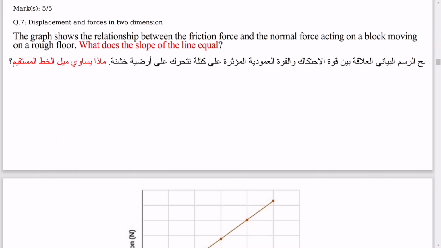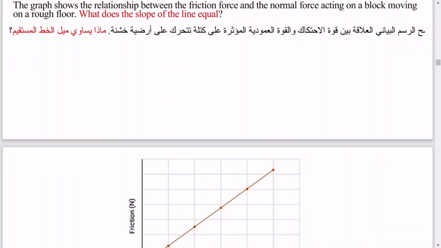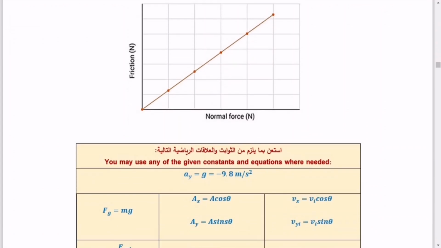The graph shows the relationship between the friction force and normal force acting on a block moving on a rough surface. What does the slope of the line equal? See, this is question number 7. Slope is always y by x, right? So slope is equal to, what is on the y-axis?